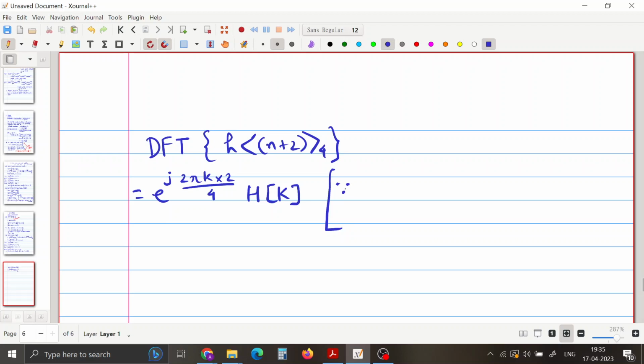Again, it's always a good habit to mention the reason or the justification, whichever property you are using, whenever you are performing a step.